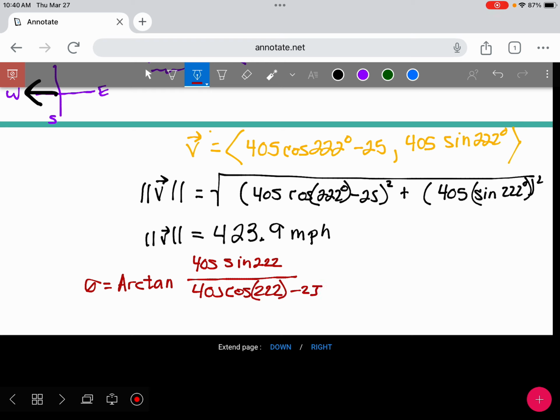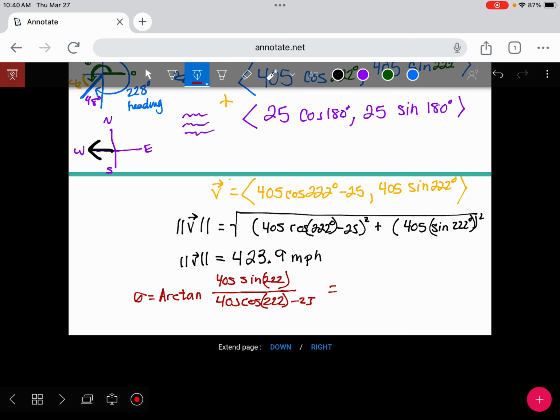Again, remember to close this set of parentheses here, just like we do up here. So our inverse tangent is going to give us the angle. So try and type that and see what angle you get.